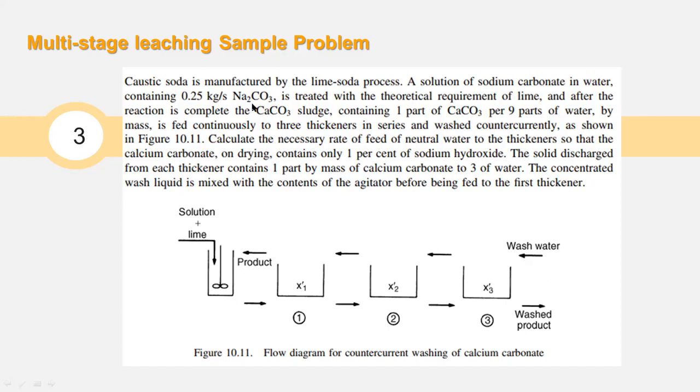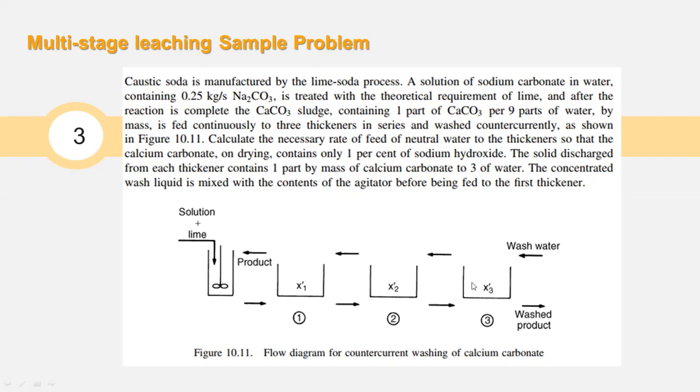So our leaching process wishes to address the remaining amount of caustic soda that may be adhering to our calcium carbonate solid, since our solid is in the form of a sludge. Now, this calcium carbonate sludge contains 1 part calcium carbonate and 9 parts water. It's being fed continuously to 3 thickeners, as could be seen here, and washed countercurrently.